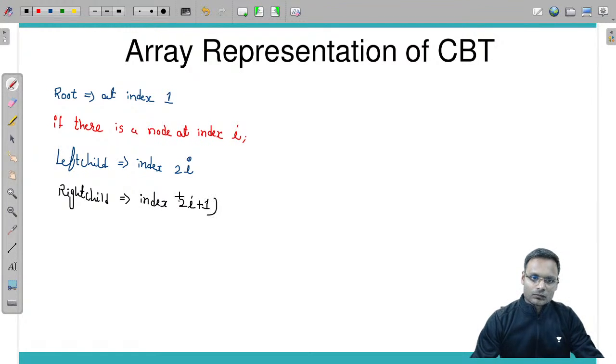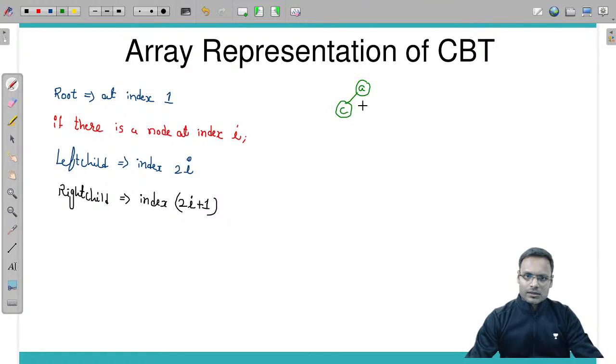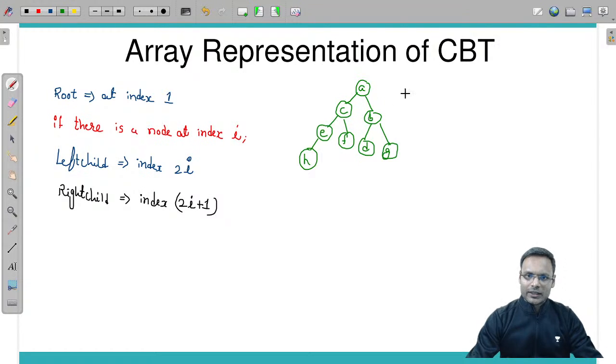Very simple. Let's take a complete binary tree to understand this. A, C, B, E, F, D, G, and H. This is a complete binary tree.